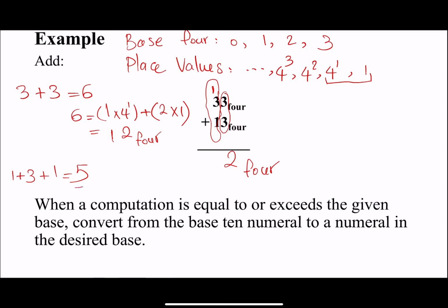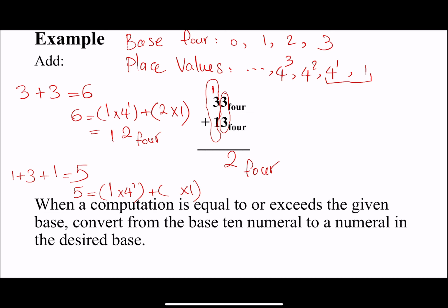So 5 is equal to, okay, again, I want to convert it. I look at the place values. I choose the place values that are equal to or less than the numeral that I want to convert. So 1 and 4 are the place values that are equal to or less than 5. I have to see how many groups of 4 and how many groups of 1 actually build up 5. 2 times 4 is 8, which is bigger than 5, so it's one group of 4. 1 times 4 is 4.